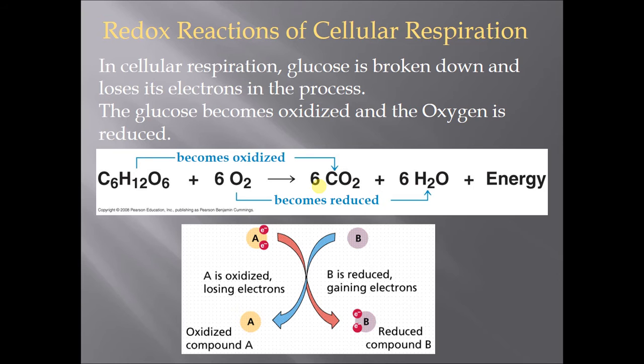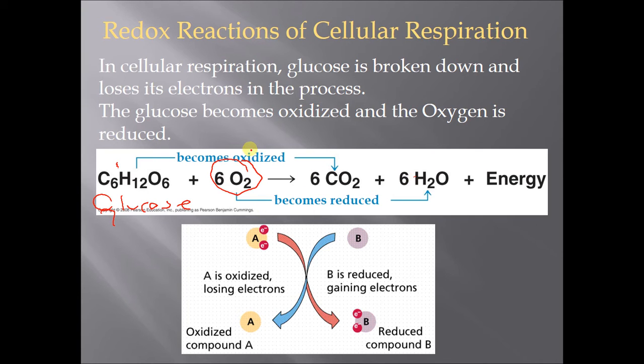Our basic cellular respiration can be viewed as a redox reaction. Glucose becomes oxidized. We take those electrons as we break down glucose, and we use them to make energy. We make energy by gradually giving those electrons to the oxygen that we breathe in, by reducing oxygen.